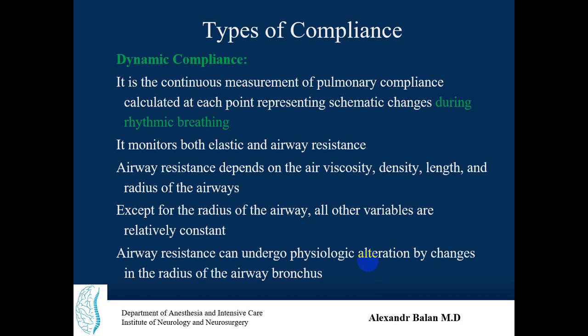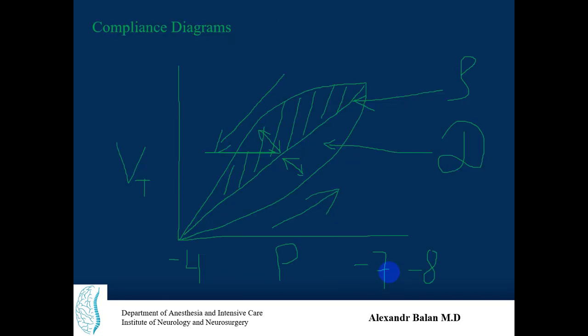And airway resistance depends on air viscosity, density, length, and radius of the airways. Except for the radius of the airways, all other variables are relatively constant. Airway resistance can undergo physiological alteration by changes in the radius of the airway, the bronchus. There is bronchodilation or bronchoconstriction.